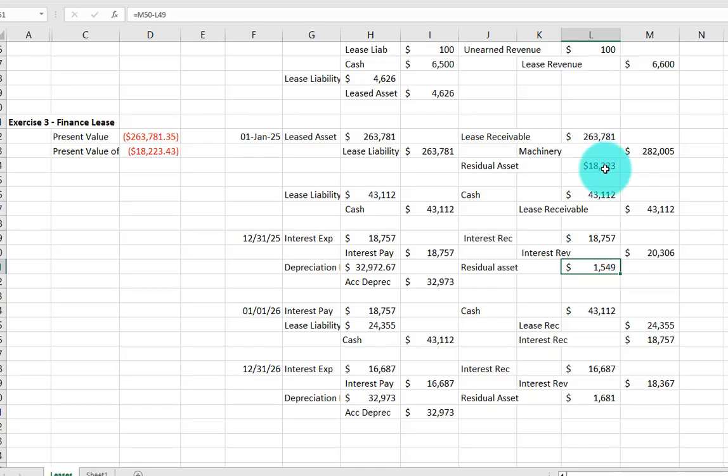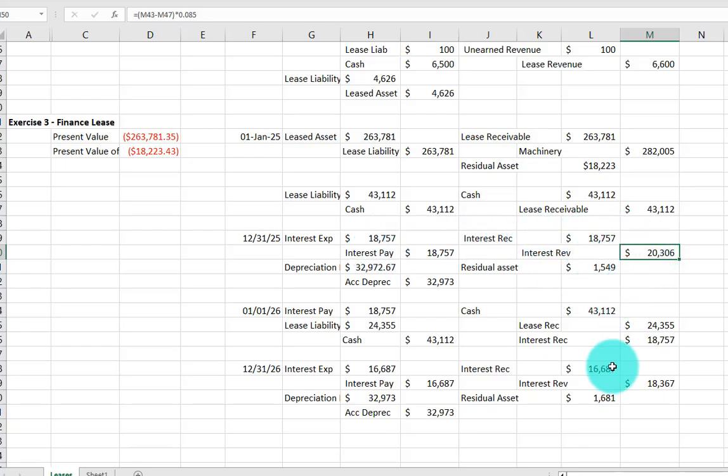The theory is it'd be $35,000 when we get it, so we need to get it higher each time by the amount of the interest. There's your calculation up there. The difference is the interest revenue, which is calculated on the whole 282 that we actually loaned, and not just the 263, which is why it's different.